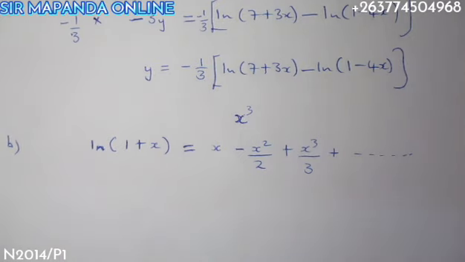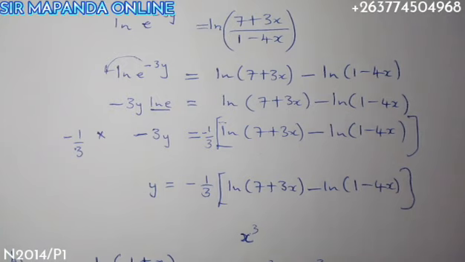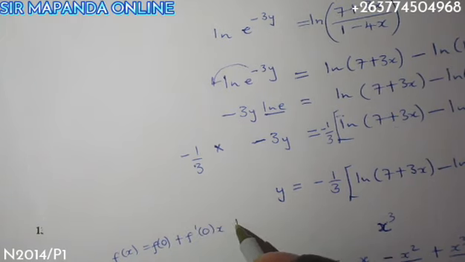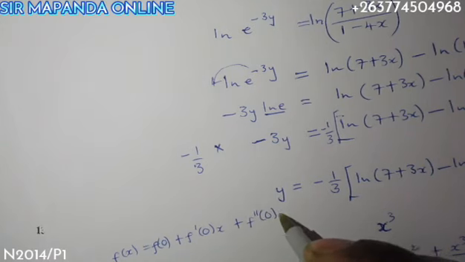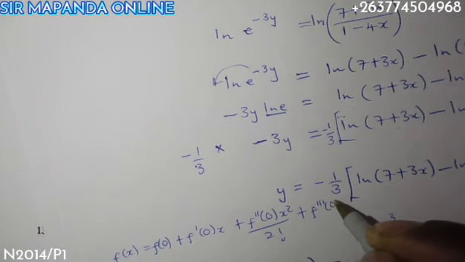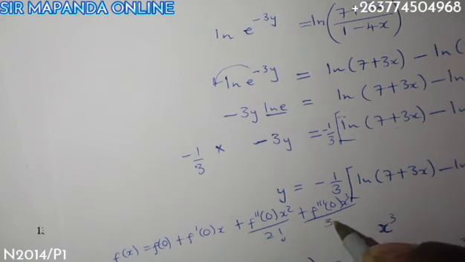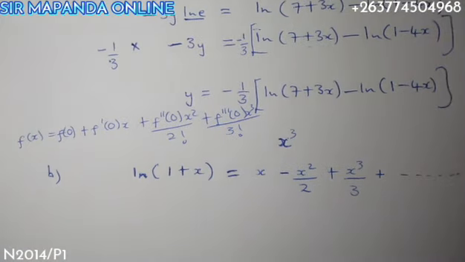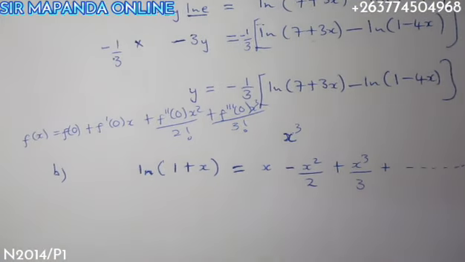This is under the Maclaurin series. Another way was to find dy dx, then find the second derivative, then the third derivative, then make use of the formula f of x is equal to f of 0 plus f prime of 0 times x plus f double prime of 0 times x squared over 2 factorial plus f triple prime of 0 times x cubed over 3 factorial. It is also good, but I think this one can be a shortcut.